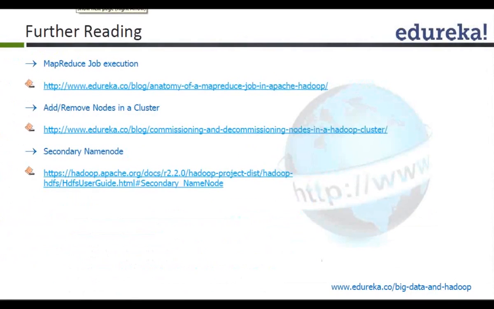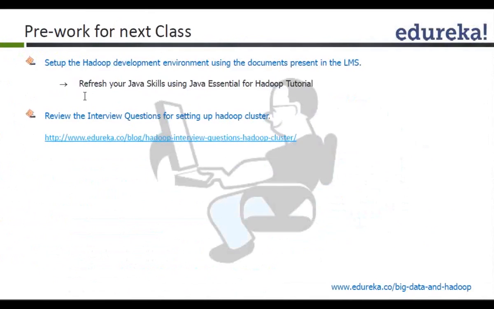There are some further readings that you'll have to do. I hope all of you have done the Mapreduce part of it, because that's what we're going to start today. Mapreduce job execution, how to add nodes in a cluster, a little bit more about the secondary name node. Everything is detailed over here. So please go through these recordings. What is the pre-work?